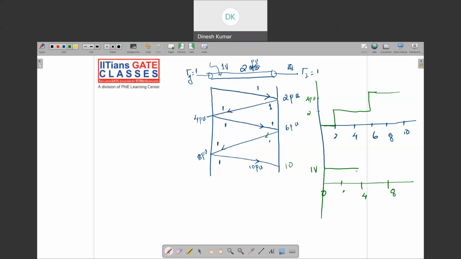So that is basically 3 volt. So that will stay up to 8 per unit. So at 8 per unit, what happens is again 2 will come. So that is basically 5. At 10 per unit, it will become 6.